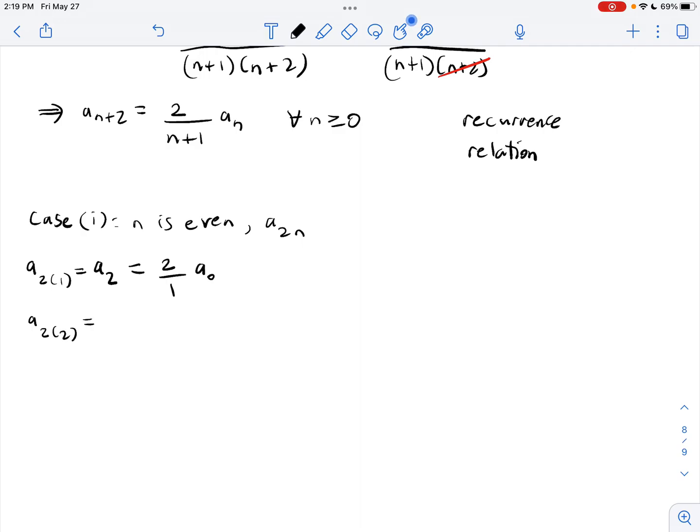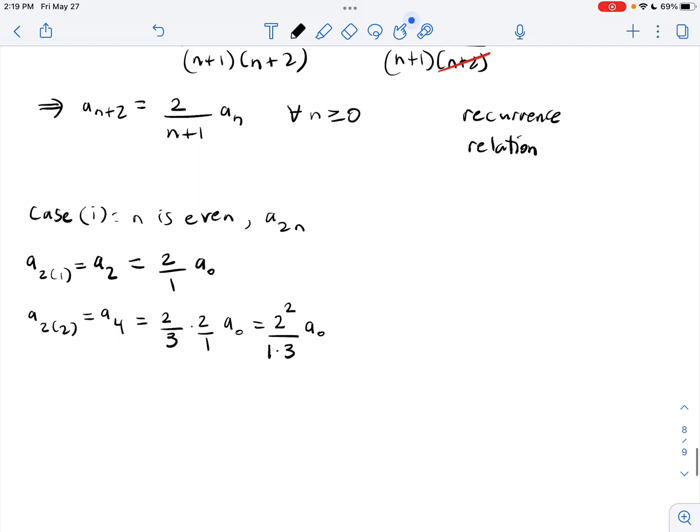If you do a sub 2 times 2, this is equal to a4, which is going to equal, if you plug it into the formula, 2 over 3 times 2 over 1 a naught, which ends up being 2 squared over 1 times 3 a naught.